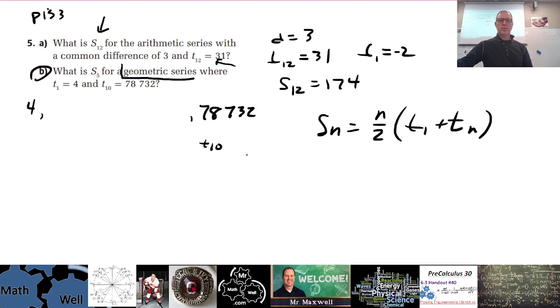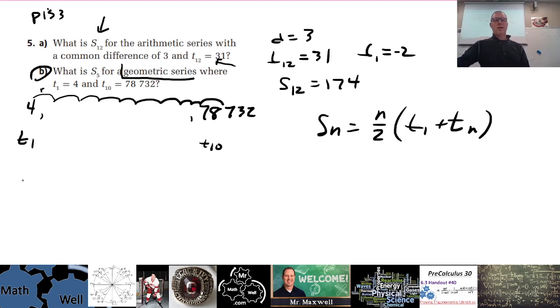In between 1 and 10, how many jumps are there? How many times would the common ratio be multiplied? There would be 9 jumps in between to get to 10.